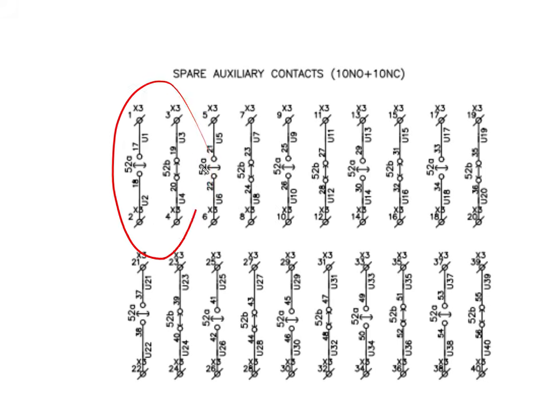So we need to give positive in x1.3 and x1.1, and we need to loop it with x3.1 and x3.3. Okay.